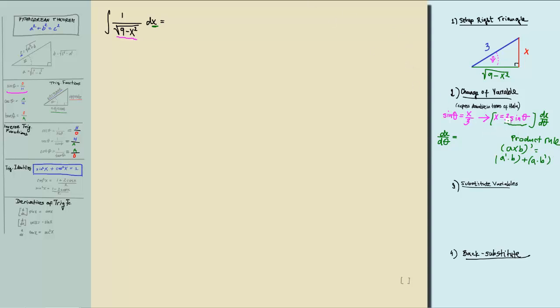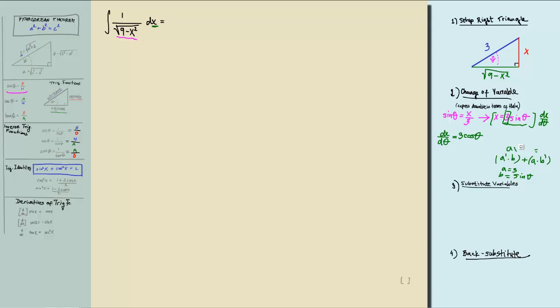In our case, a is 3, and the other part, sine theta, would be b. So the derivative of the first, the derivative of 3, is 0, times the second, which is sine, is 0, plus the first, which is 3, times the derivative of the second. The derivative of sine theta is cosine theta. If you forget, it's here. So we get that dx d theta is 3 cosine theta.